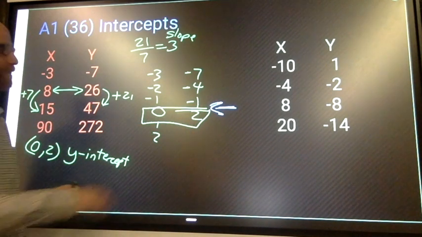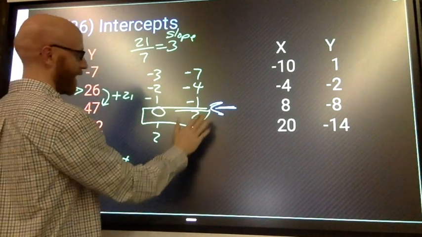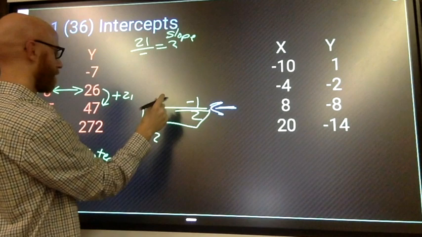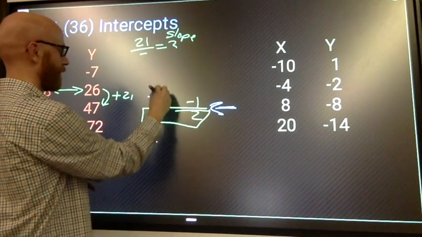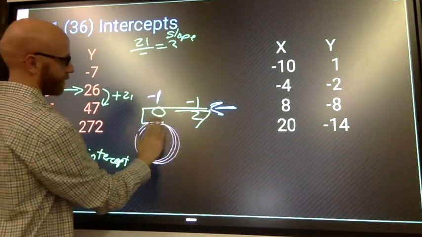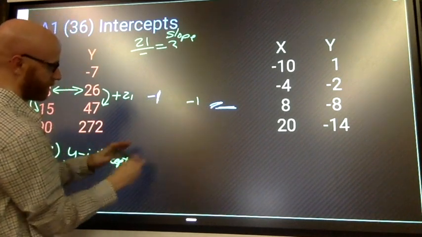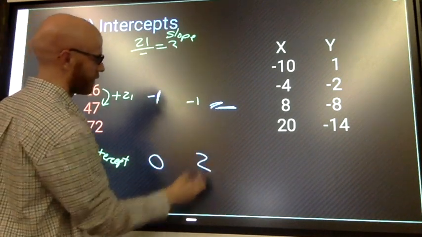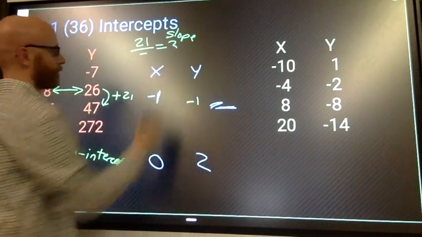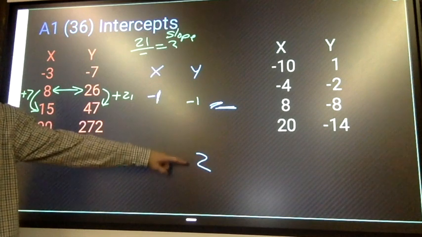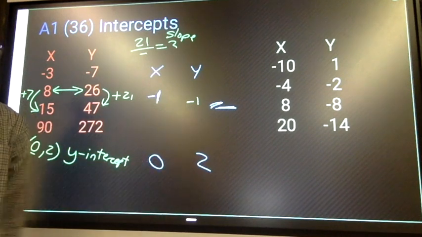Okay, so I'm going to take this table, I'm going to expand it a little bit more. I don't remember where that number was, -1, right. And I'm going to split up my y's.